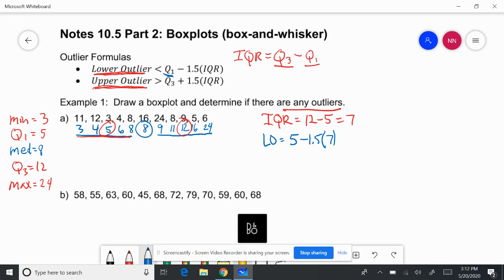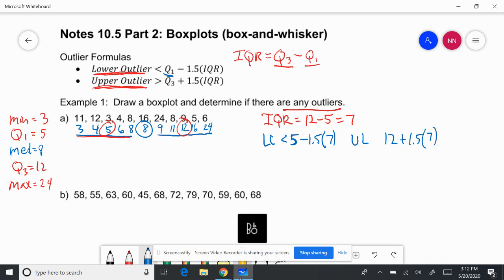Now, in order to find our upper outlier, we're going to take our Q3 value, which is 12, and add 1.5 times our IQR of 7.